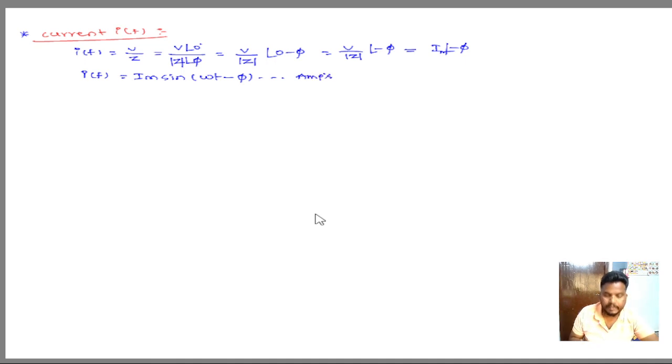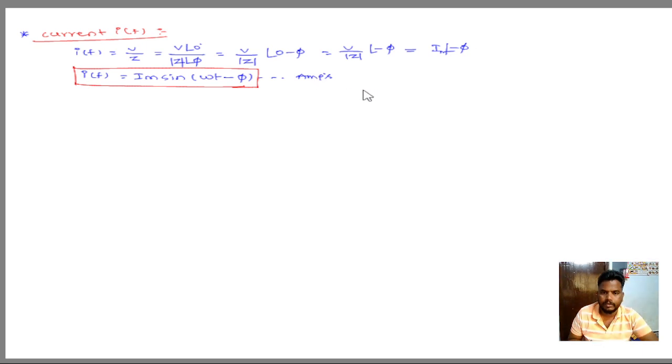This is the instantaneous current flowing through the series RL circuit. Right? Then we need to draw the waveforms. Waveform of series RL circuit.